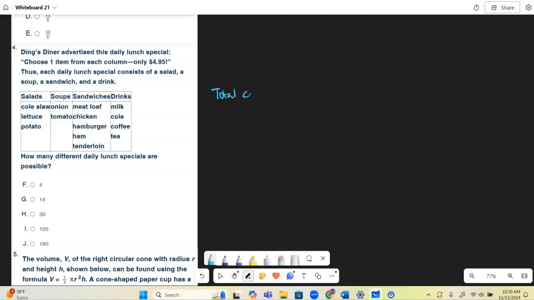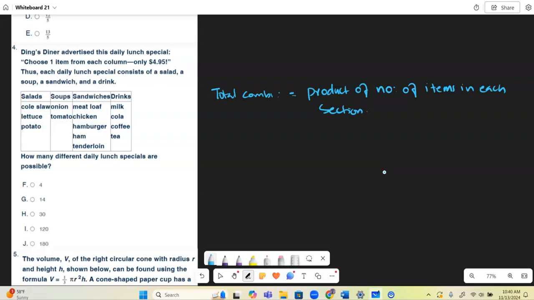The total combinations is equal to the product of the number of items in each section. This is actually the basics of the fundamental counting principle.